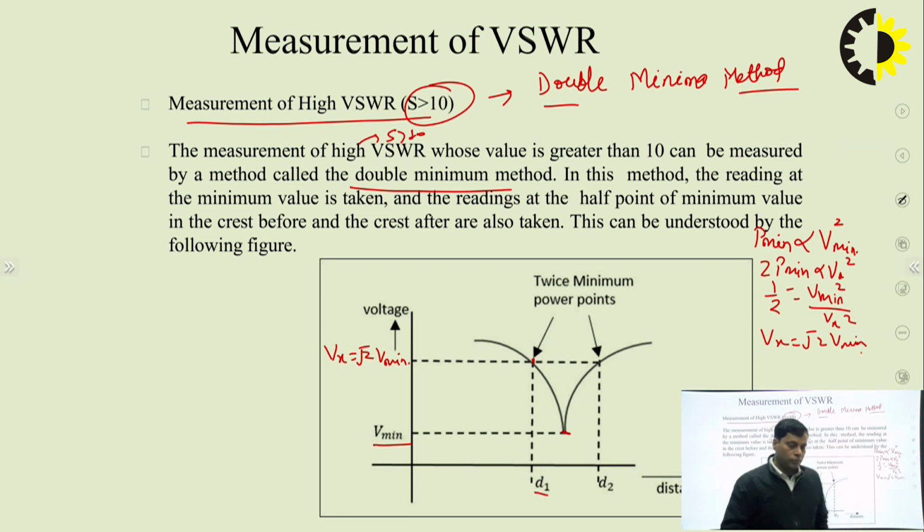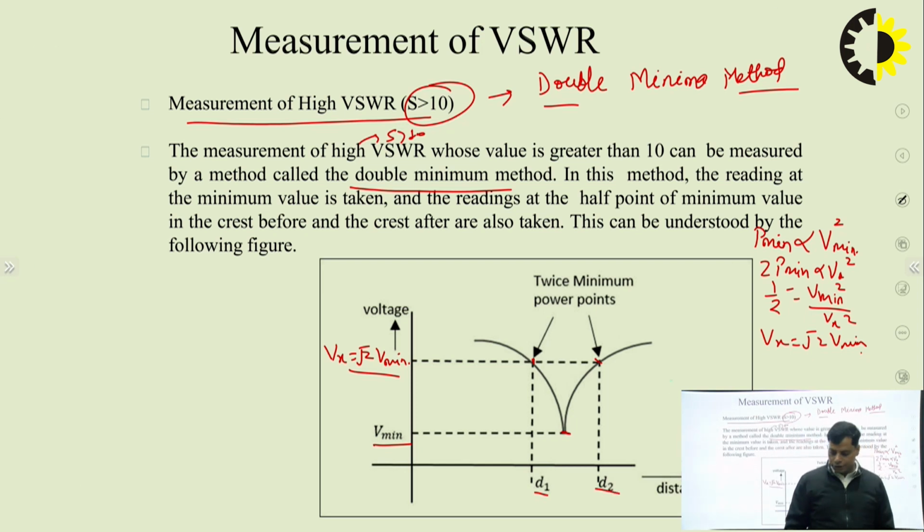After that, we return to the reference position. Then we move to the twice-minimum point in the other, reverse direction. At this point the voltage reading will reach root 2 V minimum, or twice the minimum power, and we note this distance as D2.